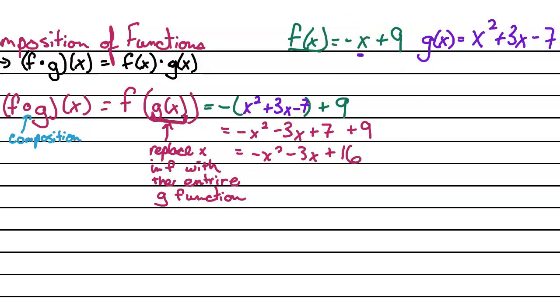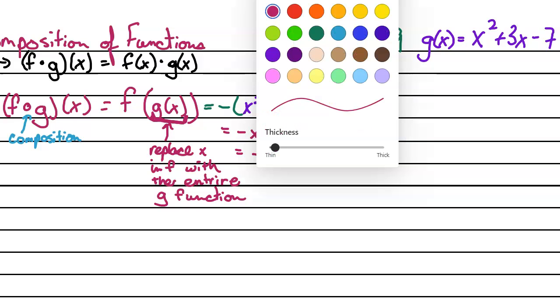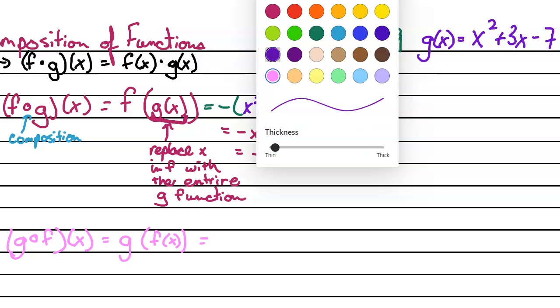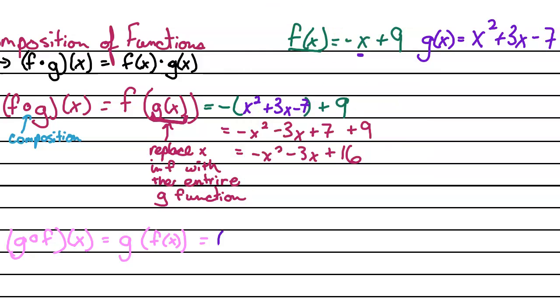What if instead it actually said g of f of x? Okay, so that's saying to start with my g, and in place of my x, I'm going to plug in f of x. So I'm going to start by writing down my g, but I'm going to leave open places for both of my x's.